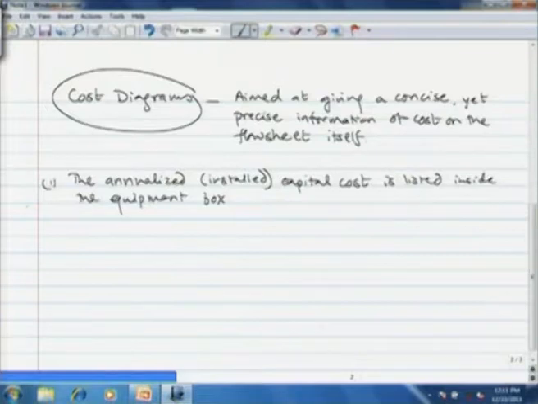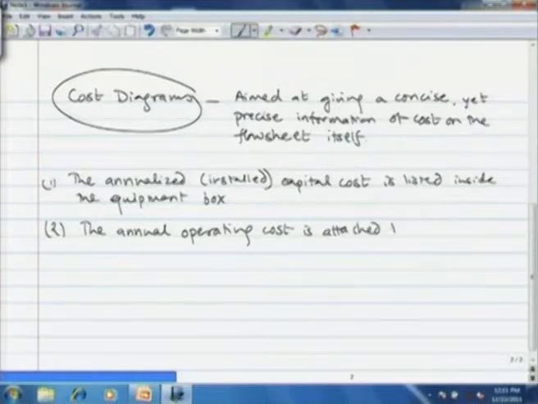And the annual operating cost is attached to the streams, the different streams in the process.